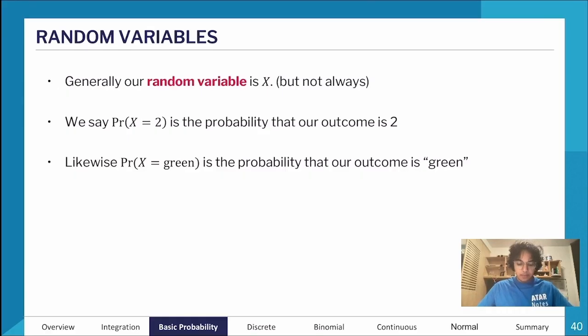So how is it represented? Capital X is the random variable, whereas 2 is the particular event, right? So the probability of X equals 2 just means the probability that our outcome is equal to 2, right? X equals green is the probability that the outcome is equal to some defined thing known as green.